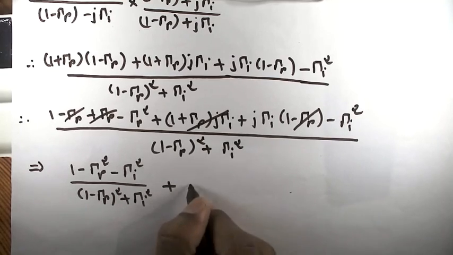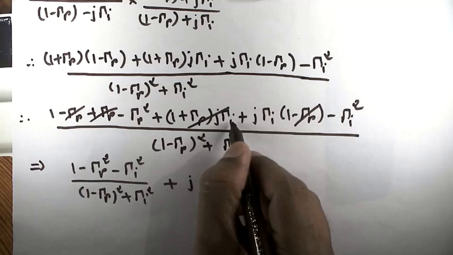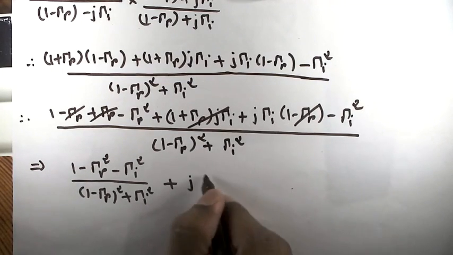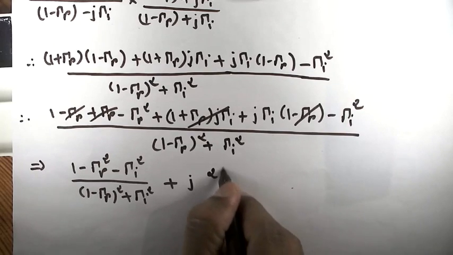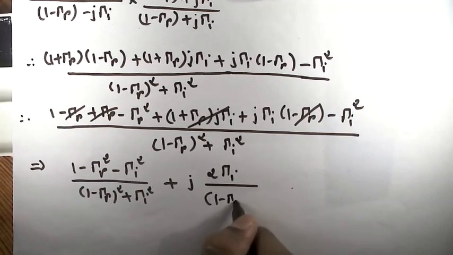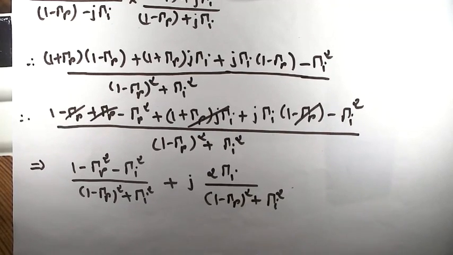Now I separate out the imaginary part, so plus j, we have j into sigma I and plus j into sigma I, so it will become 2j sigma I divided by 1 minus sigma r whole square plus sigma I square.